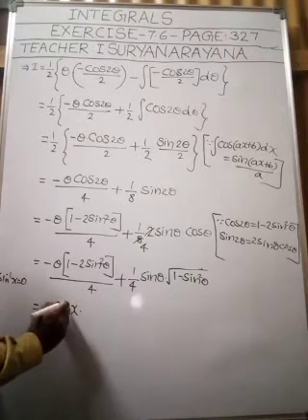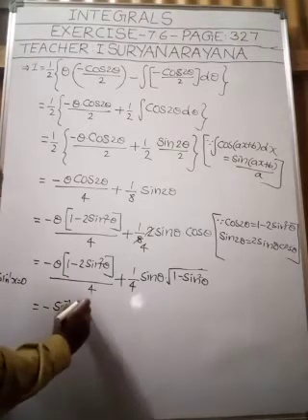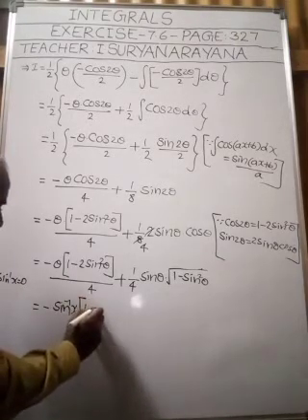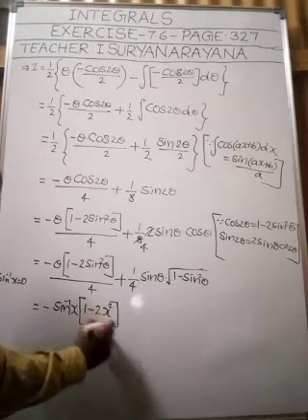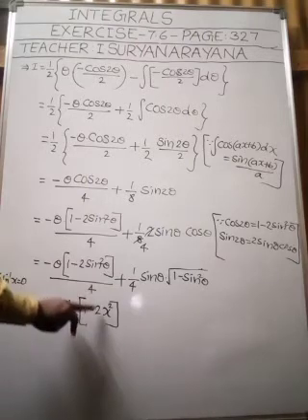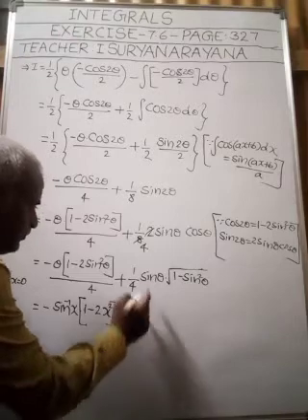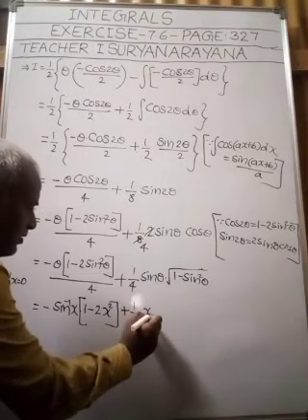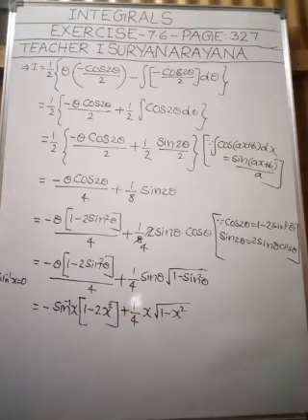So theta is equal to sin inverse x, into 1 minus 2 sin square theta means 2x square. Okay, my children, sin theta is equal to x. So 2 into x square plus 1 by 4 sin theta means x into root of 1 minus x square. Okay, my children, understood this one?